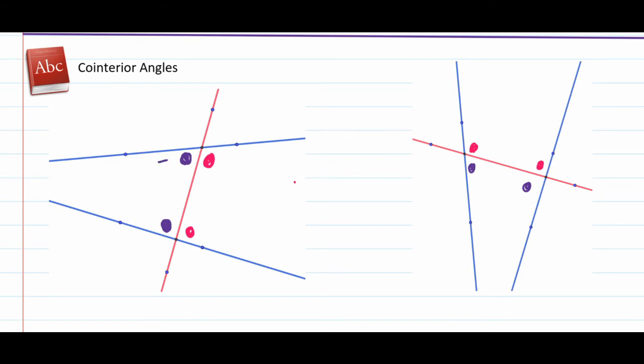So unlike the alternate angles, these two cointerior angles that form a pair are on the same side of the transversal. So here's the transversal. They're both on the same side. And they've got to be inside. That's where we get the interior word. They are the cointerior angles.